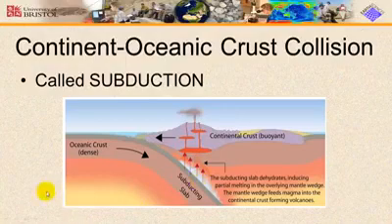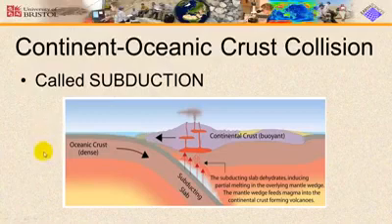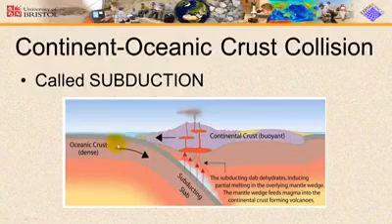If you think about it, oceanic crust is being formed over here at a mid-ocean ridge. It's being pushed across the ocean floor and eventually runs into a continental crust. When it runs into that continental crust, it's subducted back into the mantle, remelted, and over billions of years can erupt again at another mid-ocean ridge.